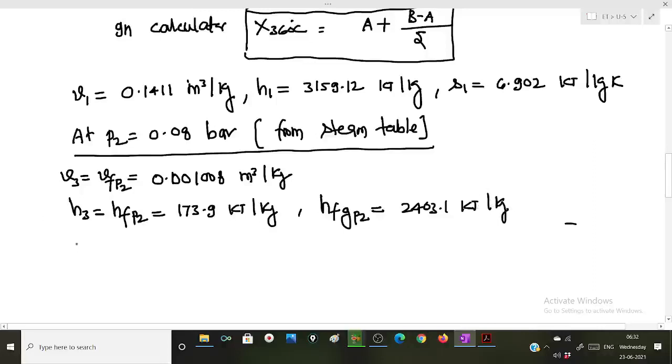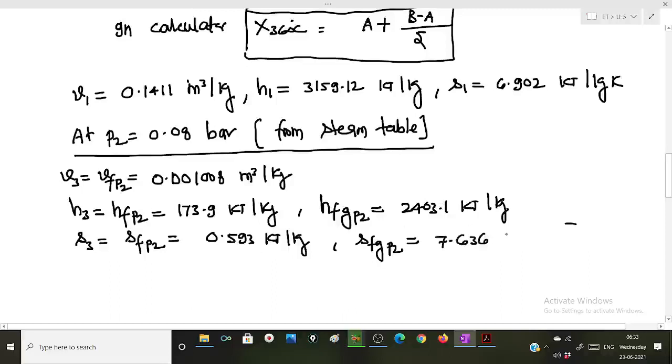Then s3 is nothing but sf at P2, and this value is 0.593 kilojoule per kg Kelvin, and sfg at P2 is the entropy of vaporization at pressure P2, and this value is 7.636 kilojoule per kg Kelvin.